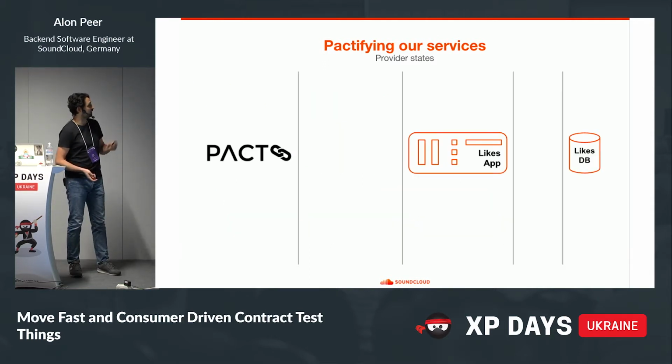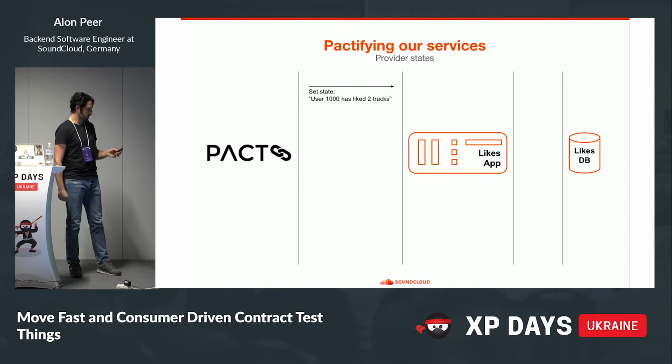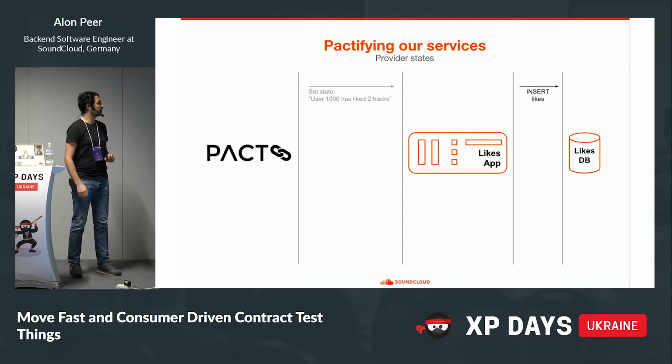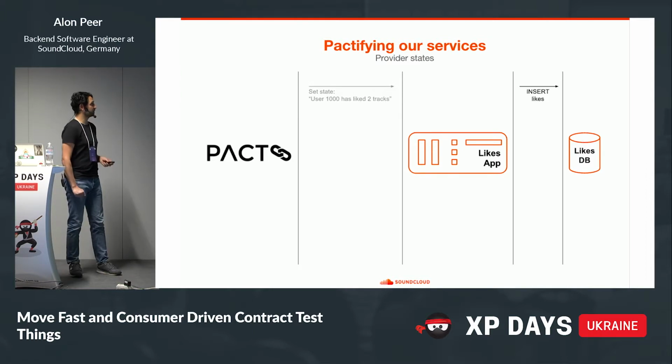And let's look at how this looks on the provider side. So let's say that we have our likes app, and it uses the likes database. When I run my Pact verify phase on the provider side, the Pact framework will, first of all, send me this state request saying, please make sure that user 1000 has liked 2 tracks. And probably what I'm going to do is just make some inserts for that user into the database.